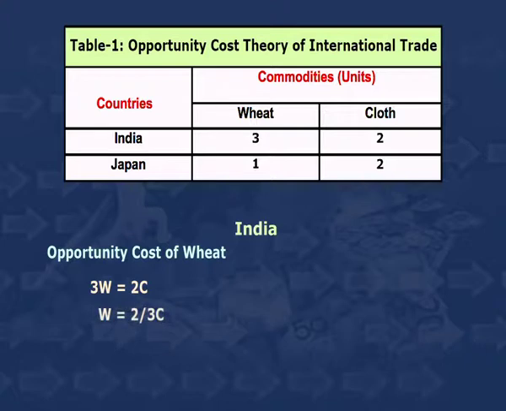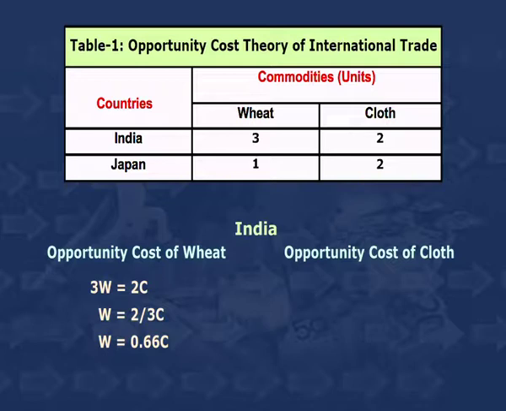That is further equal to 1 unit of wheat equal to 2/3 units of cloth, which is nothing but 1 wheat equal to 0.66 of cloth. It means that the opportunity cost of wheat is 2/3 of a unit of cloth in India.